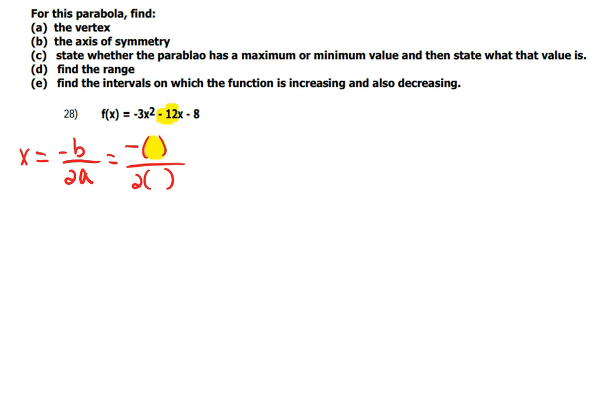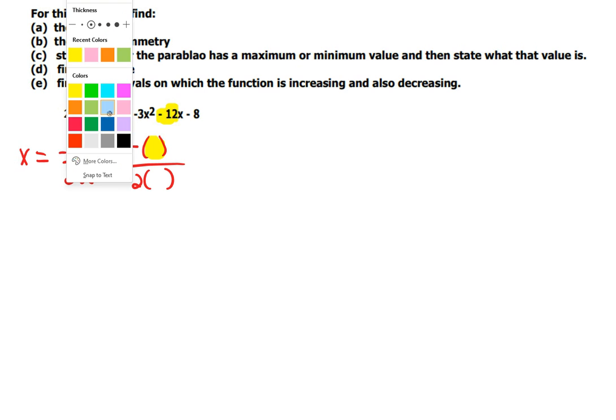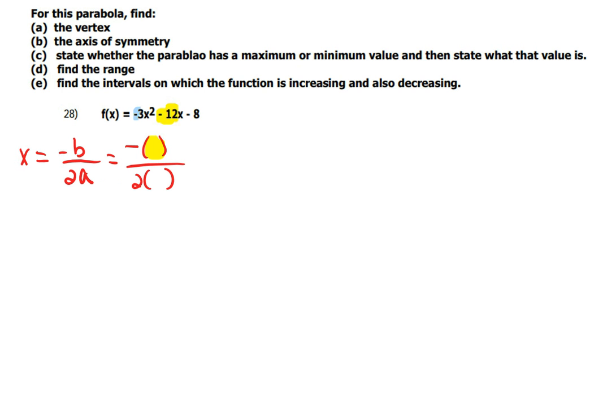B is the negative 12, and a is the negative 3. So put a negative 12 here and a negative 3 there. And a negative of a negative is a positive 12. Over 2 times a negative 3 is negative 6, and divide, and I get a negative 2.